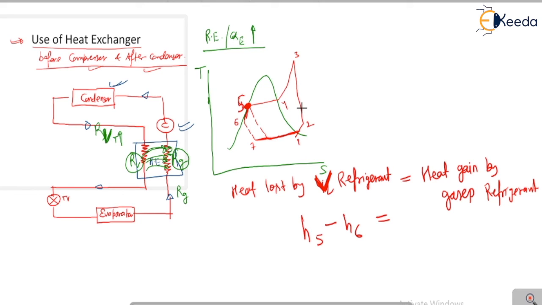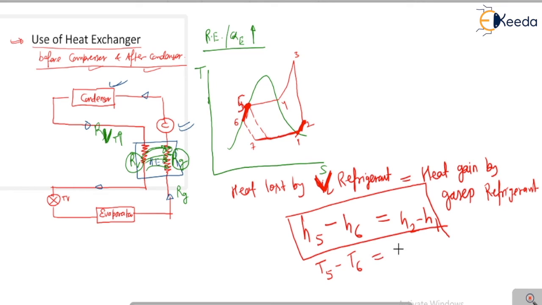This H2 minus H1, this effect minus this effect, and this is your final equation. So you can directly write T5 minus T6 is just equal to T2 minus T1. You can directly write this equation like that.